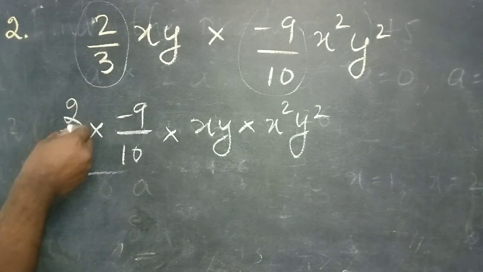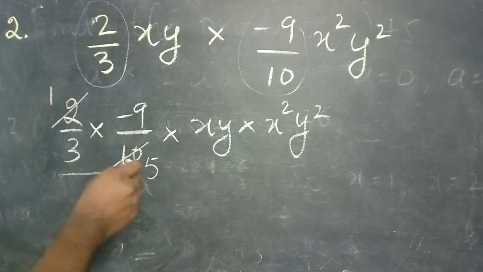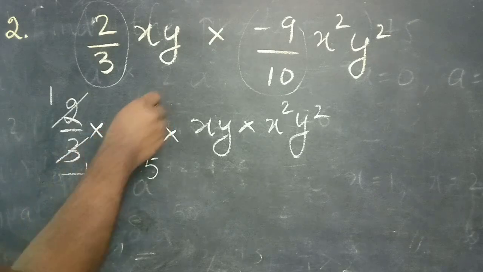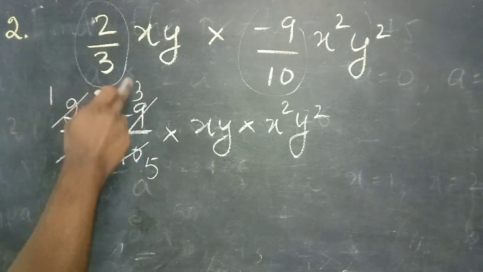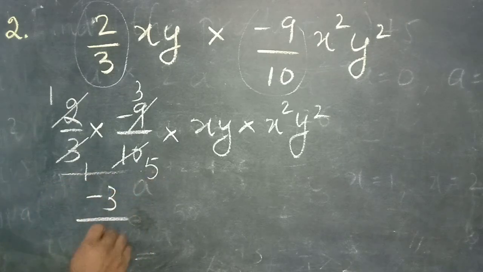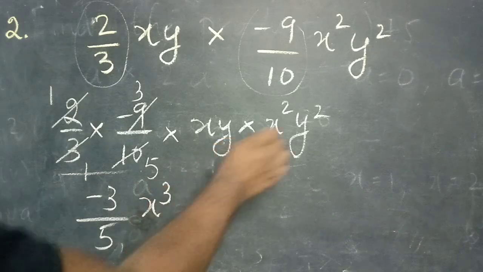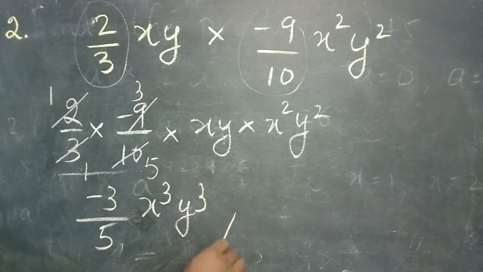Now if you see 2 times 1, 2 times 5, 2 ones are 2, 2 fives are 10, then 3 times 1, 3 times 3. What you get is 1 into minus 3 is minus 3 divided by 1 into 5 is 5. Then x into x square is x cube, y into y square is y cube.